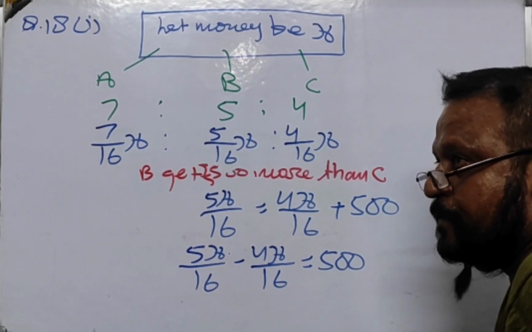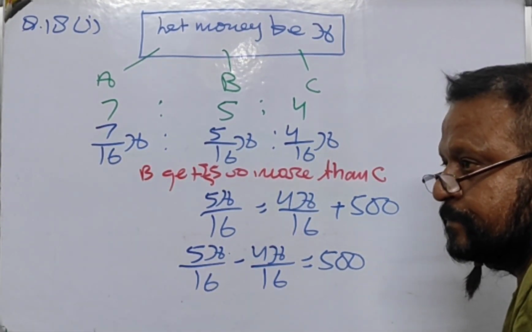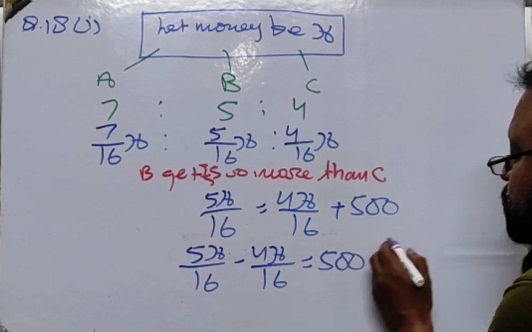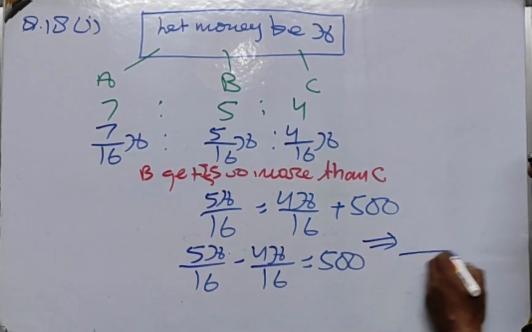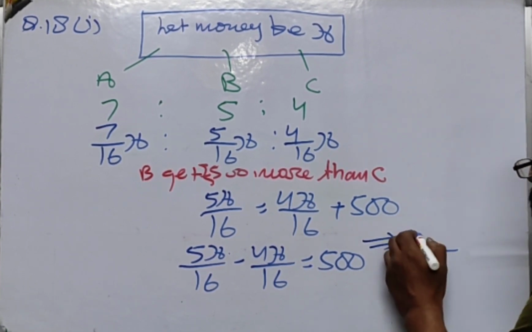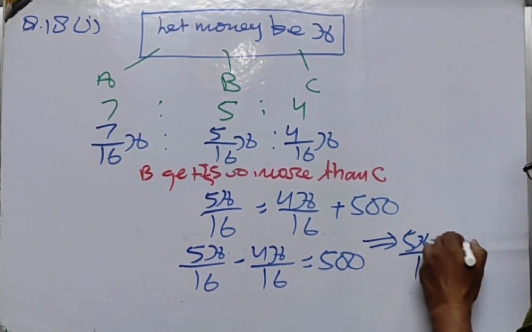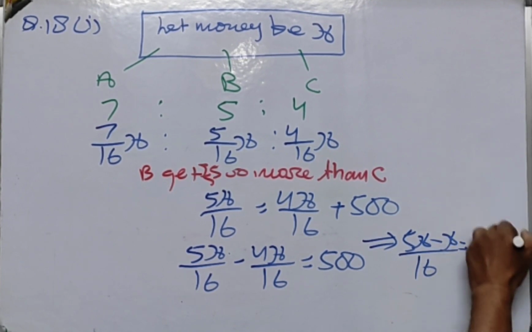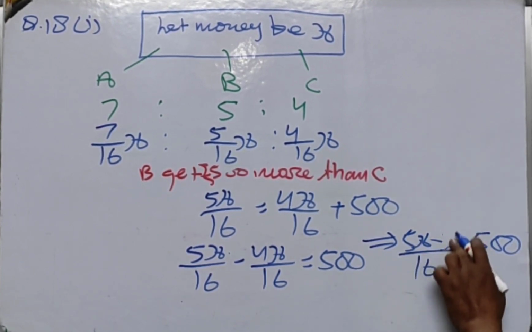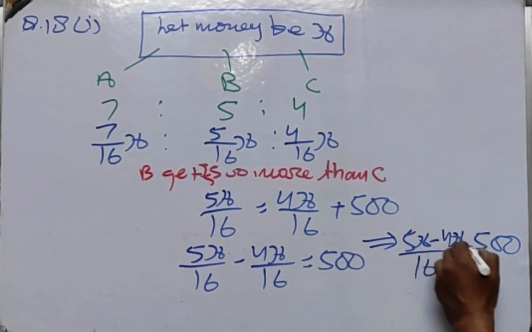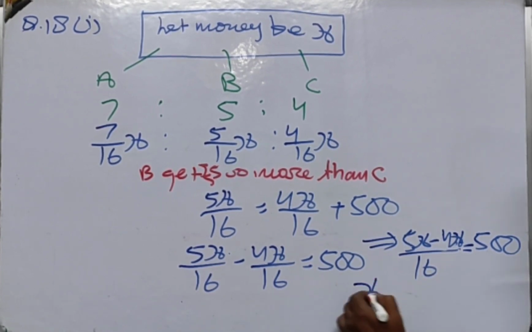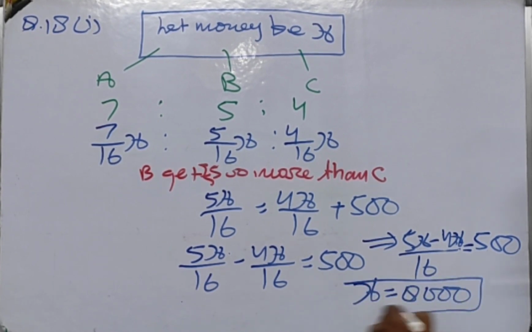What we do now, we have taken 16 as an LCM, so it is 5x minus 4x is equal to 500. Fine. So x is equal to 8000. Total money is 8000.